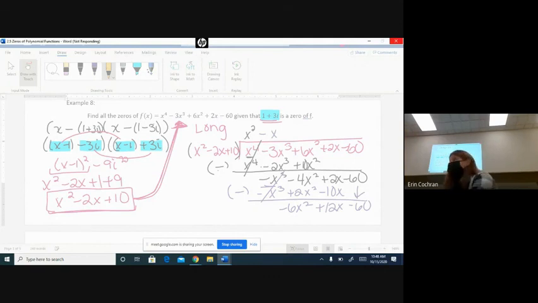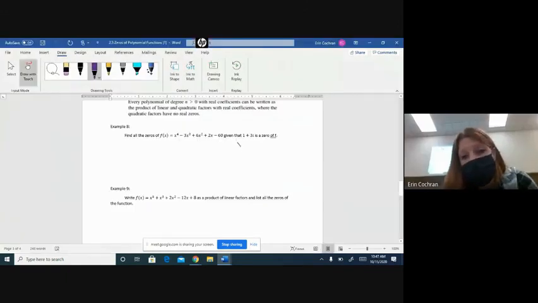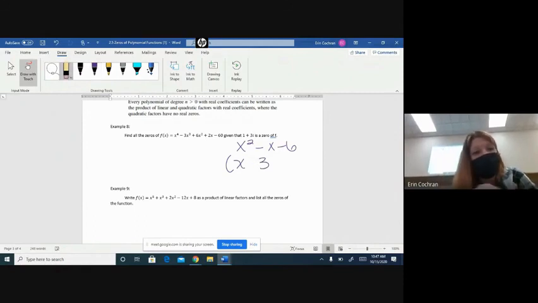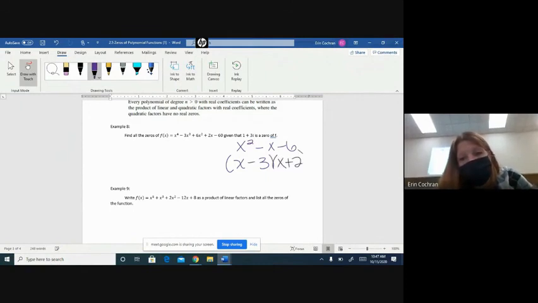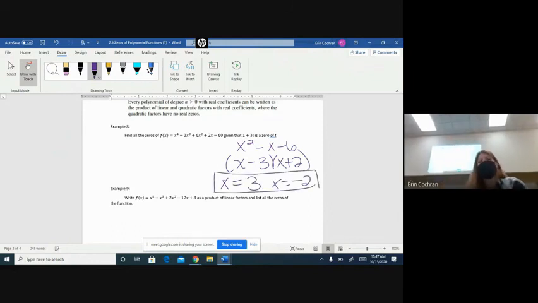I know we didn't finish it out. We had the x squared minus x minus 6. So then I factored it to x minus 3 and x plus 2. So my real solutions would have been 3 and negative 2. Okay, 3 and negative 2.